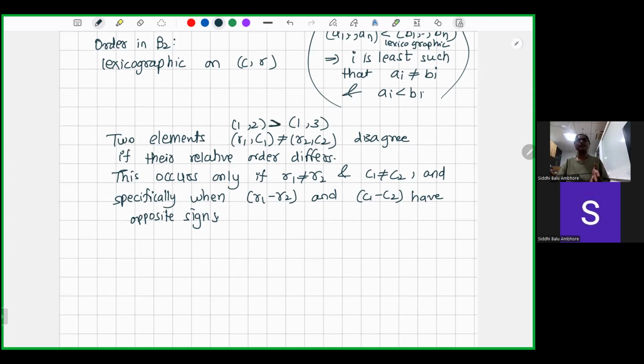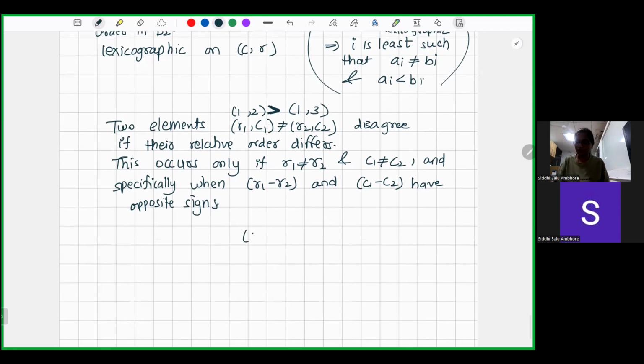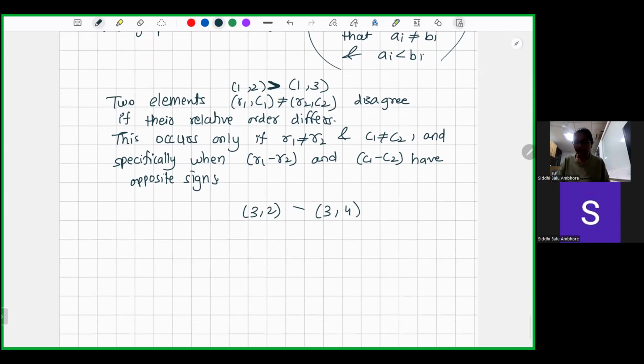When at least one of them is equal, their ordering remains the same. For example, if I talk about 3 2 and 3 4, it will still be like this in both B1 and B2: the position of this will be smaller than the position of this. I hope you understand this.